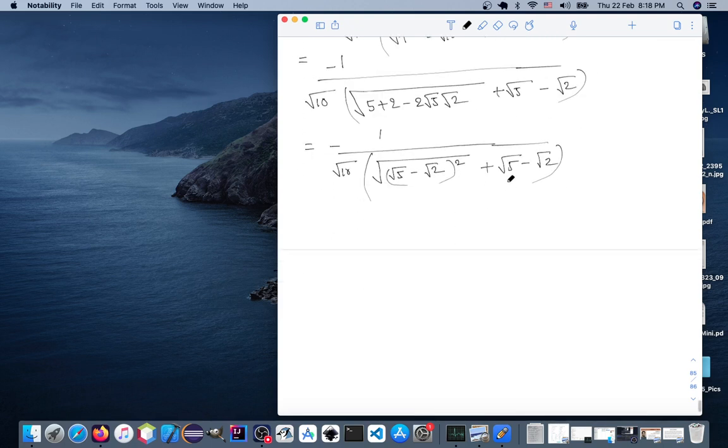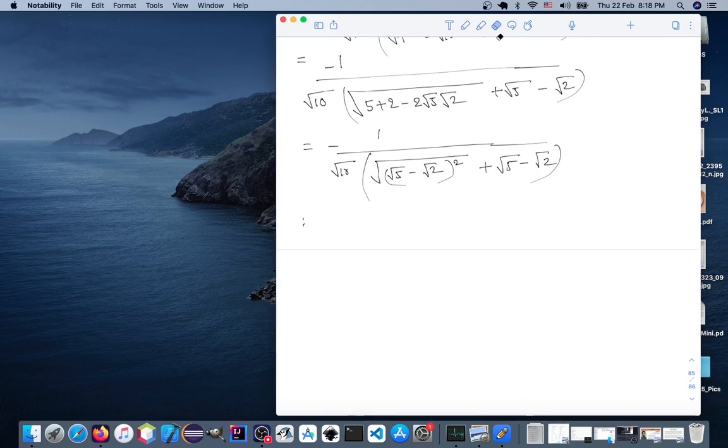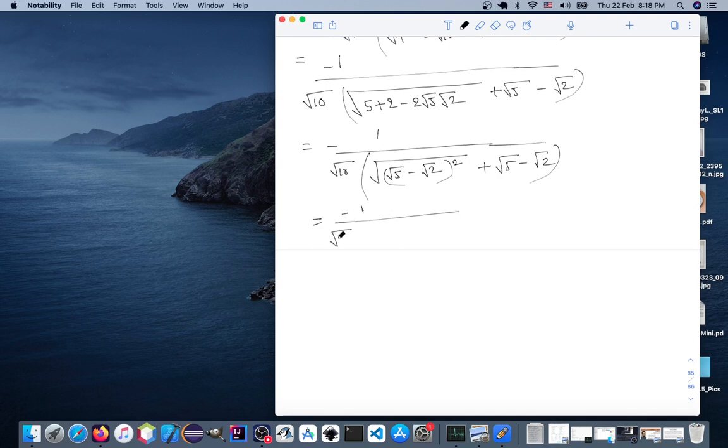Okay, so this becomes minus root 10, root 5 minus root 2 plus root 5 minus root 2.